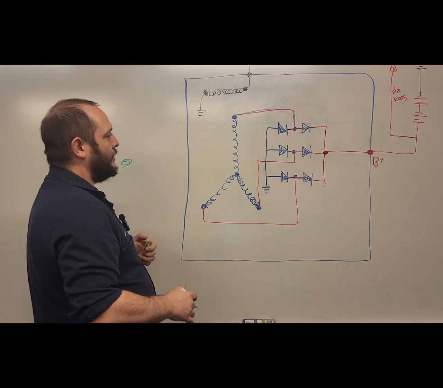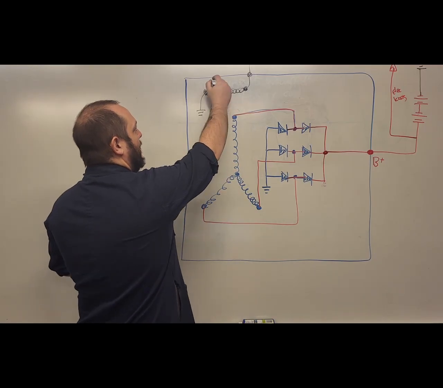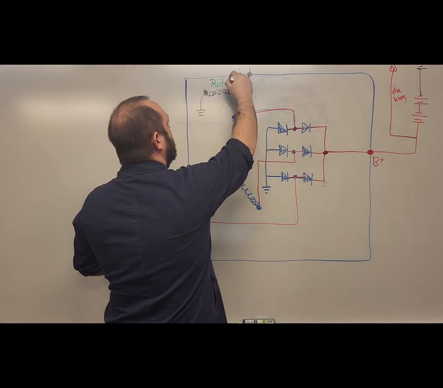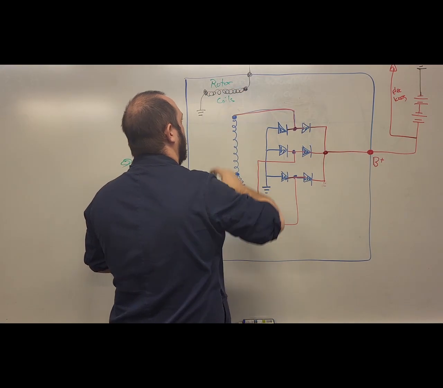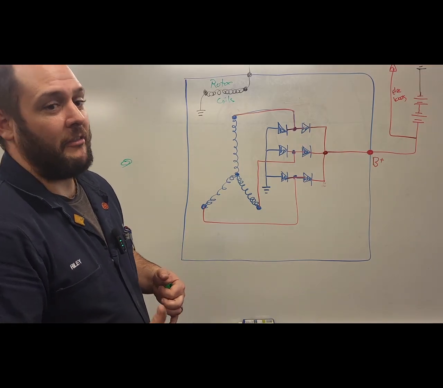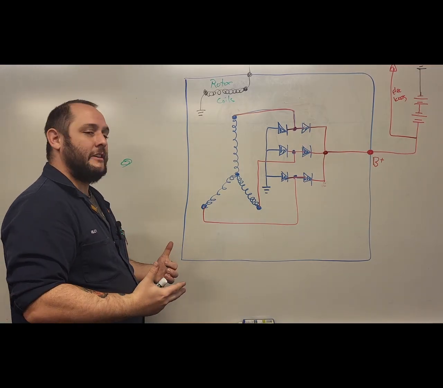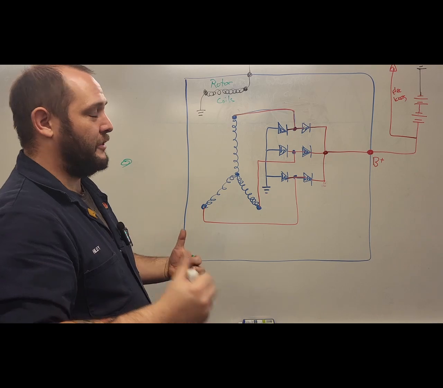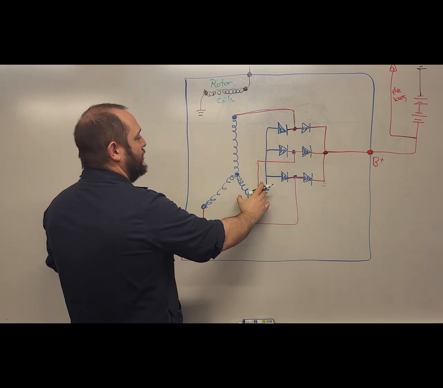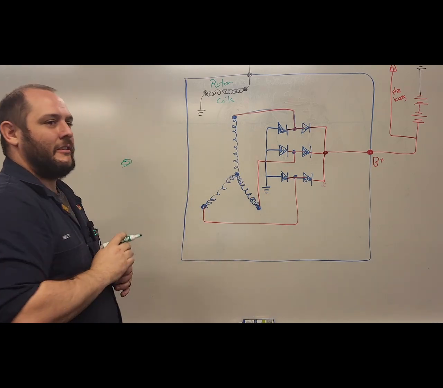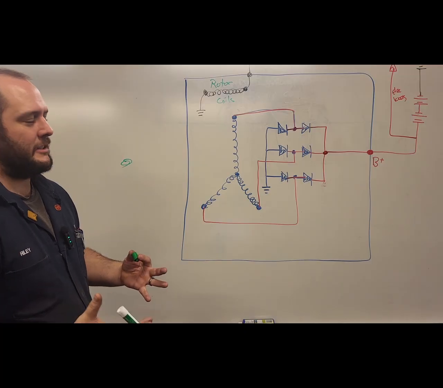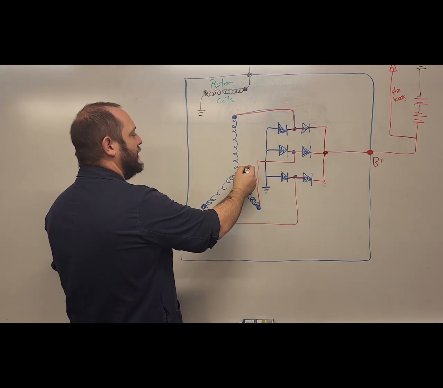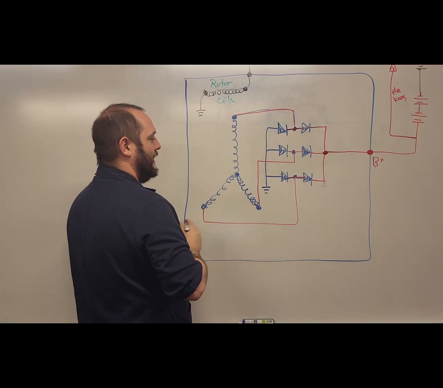If I'm inducing a stator with my rotor, this is my rotor coils. We talked in a previous video about the 5 factors that determine how much current is going to be induced. Go check that out if you don't know what I'm talking about. We're going to induce current into these stator legs, or phase windings, as I sometimes call them, and that current is going to be an output on one of these 3 legs.